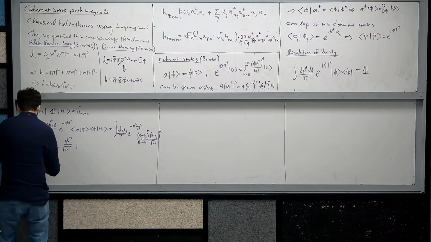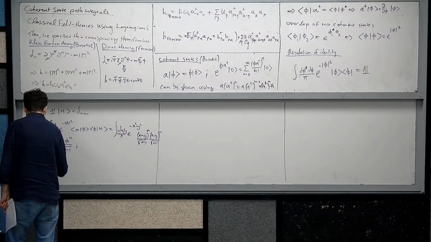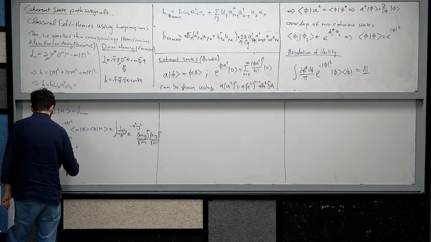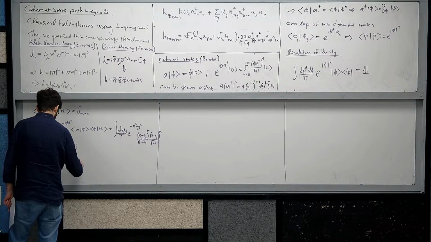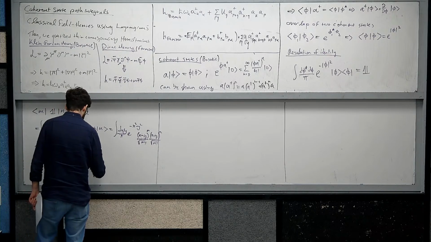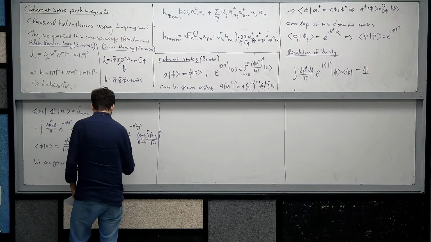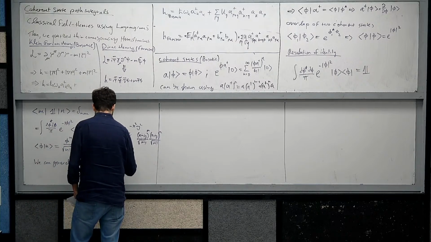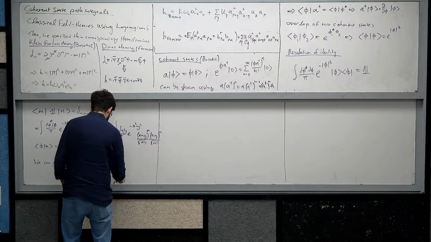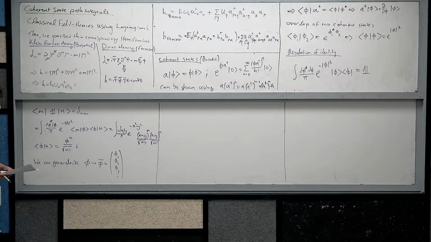And then finally we can generalize phi to be a vector phi, which is like phi 1, phi 2, phi 3. And these phi's can be like a spatial coordinate, for example.